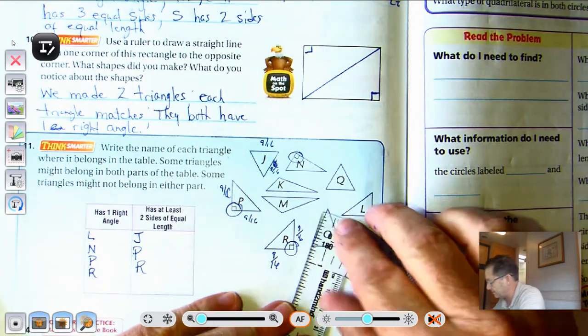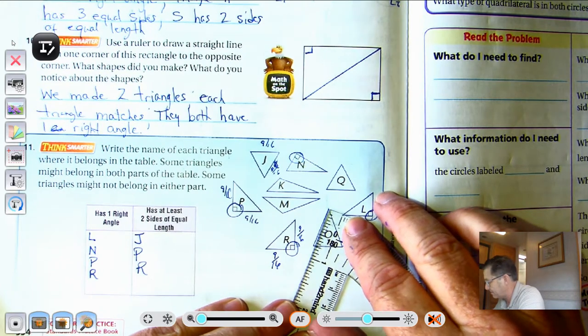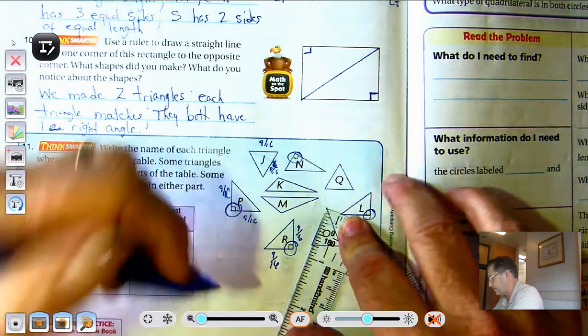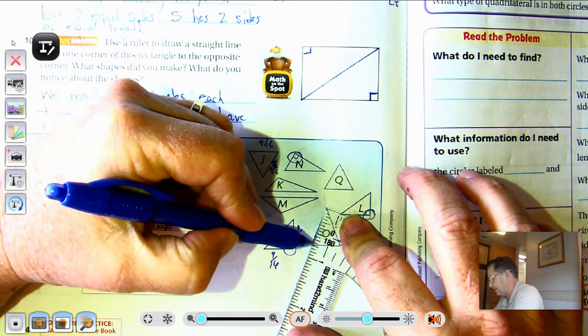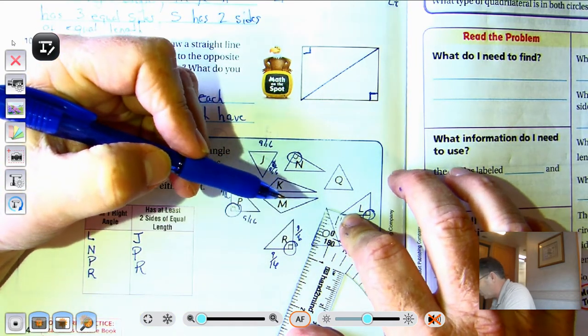So let's try its opposite side. 8, 9, 10, 11, 12.